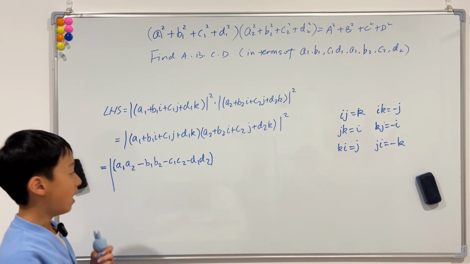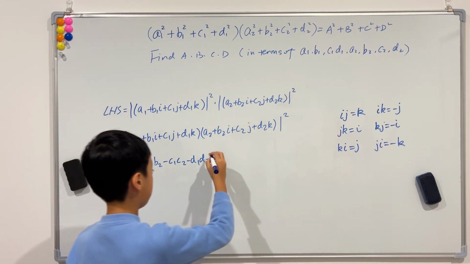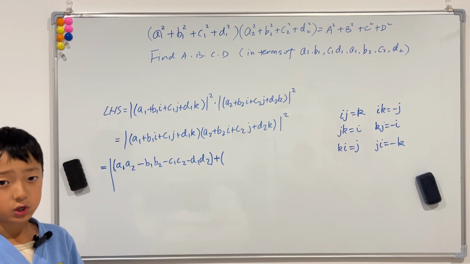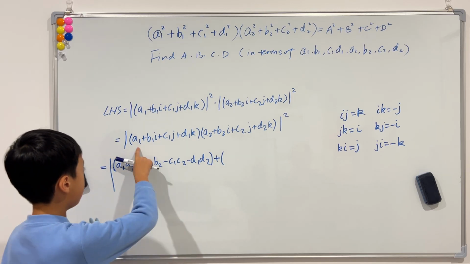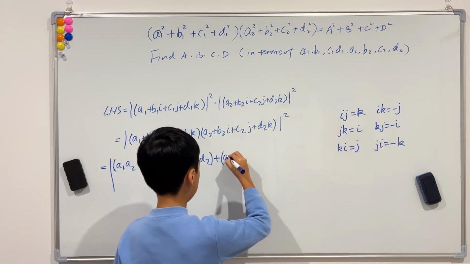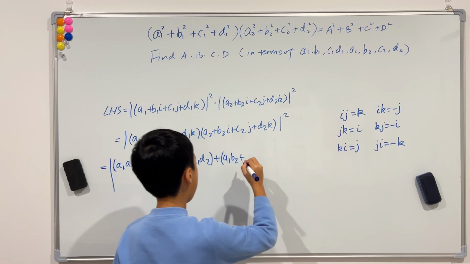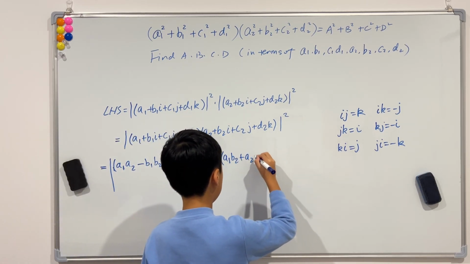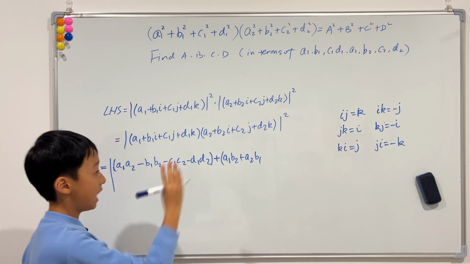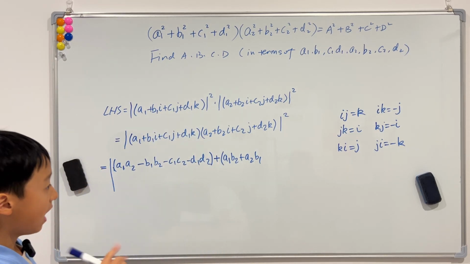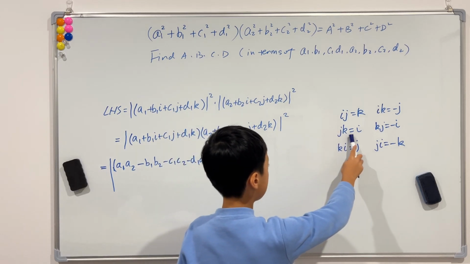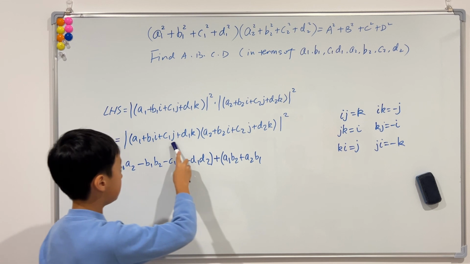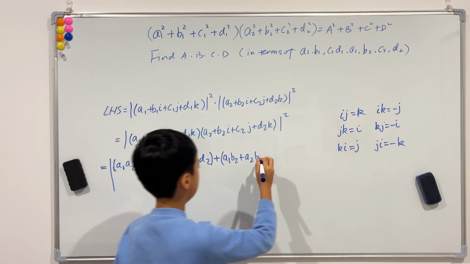And then we have to add the I part, which will be, well, the easiest one for the I parts is easily A1 times B2. And, of course, A2 and B1. And this is where we use the identities. So we want to know the I term. We know J times K is equal to I, so we find J and K. So plus C1 D2.